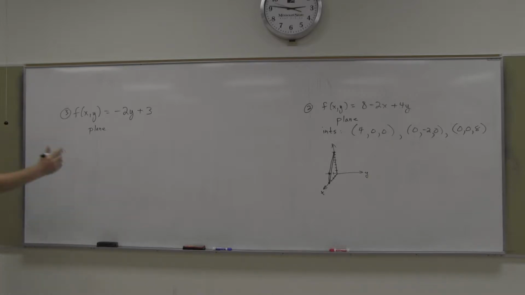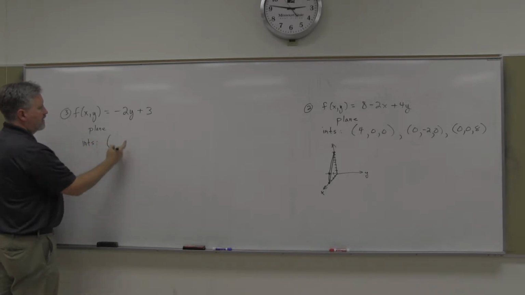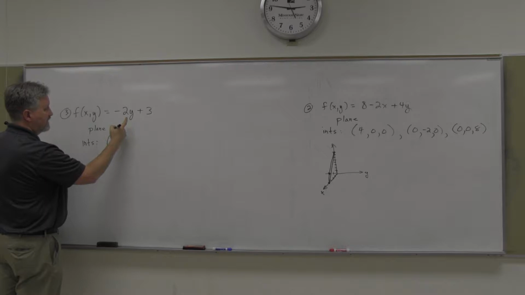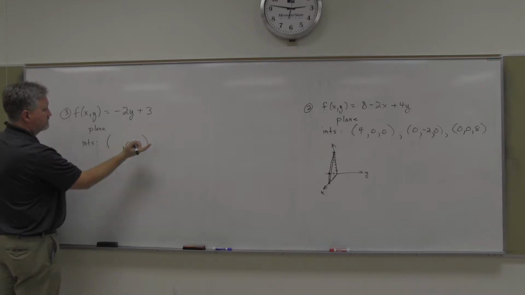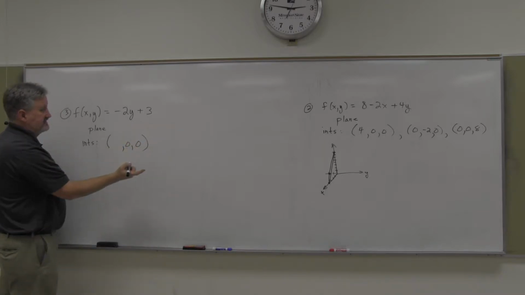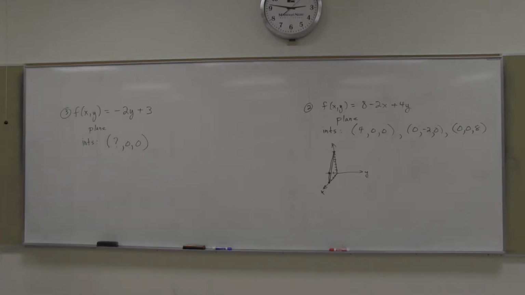However, in this particular case, if we do our thing, the intercepts that we could get: if y is 0 and z is 0, what's the x? Well, you can't solve for x there. X can be anything.